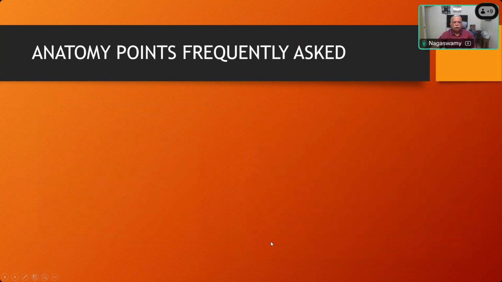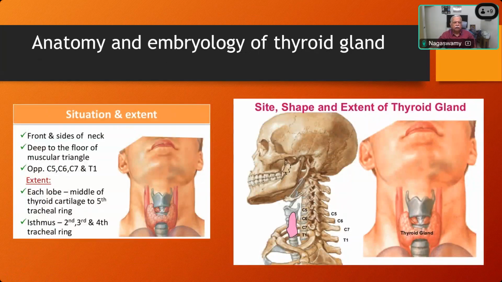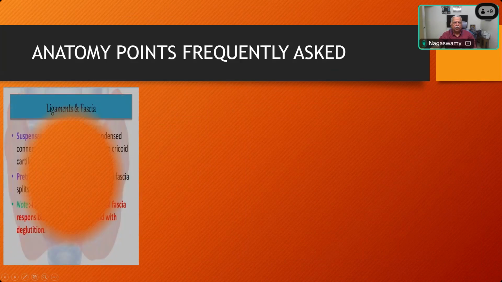So these are all the anatomical extent, C5 to T1 level, that is the lateral vertebral level, and in front of the neck, if you see, it is extending each lobe from the middle of the thyroid cartilage to the tracheal ring, and the isthmus is at the 2nd, 3rd, 4th rings, which is important for tracheostomy. So you do a tracheostomy normally below the isthmus level and not at the higher level to avoid damage to that.